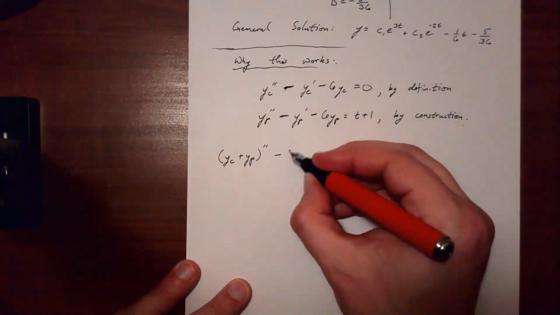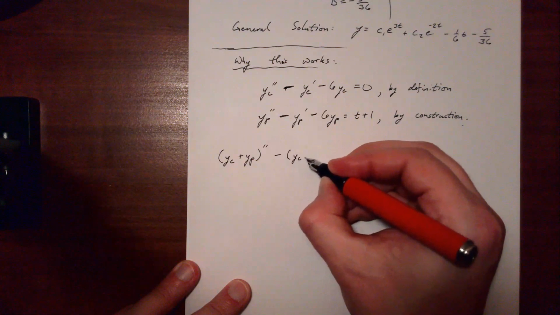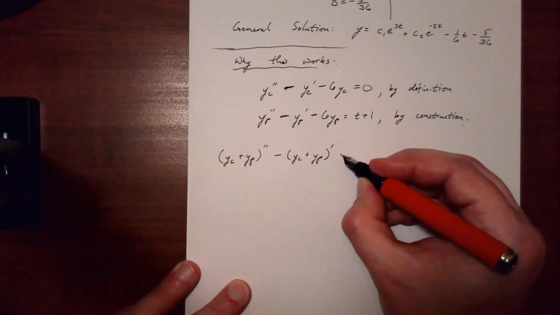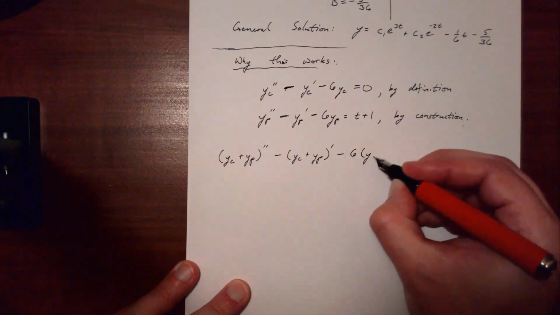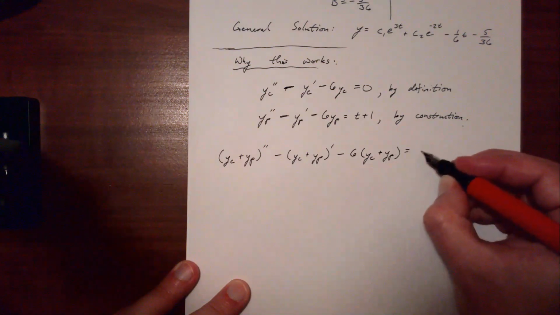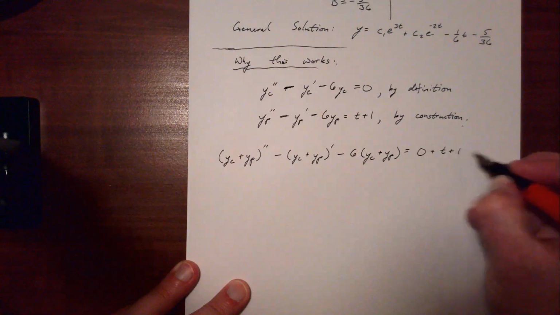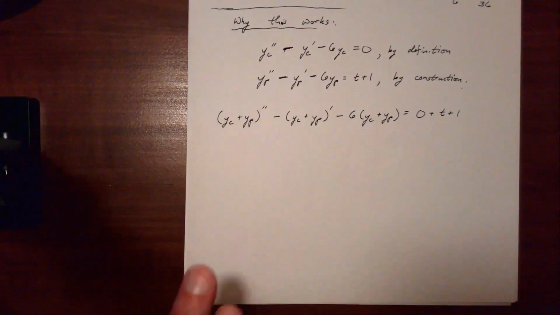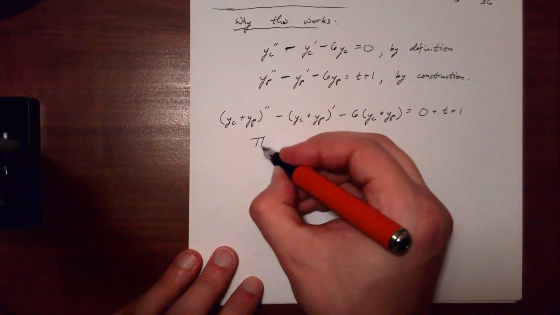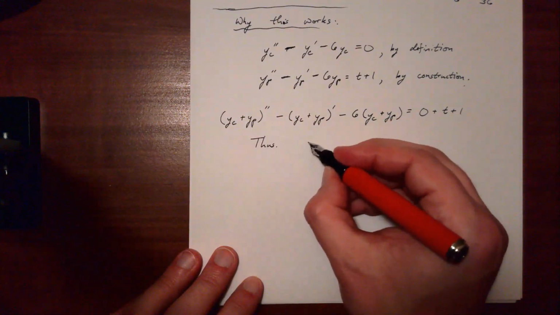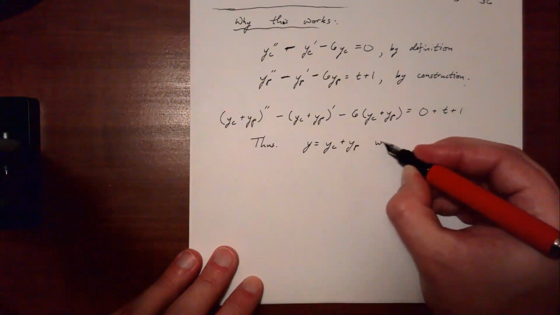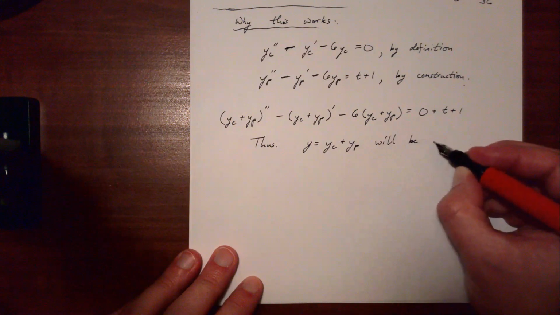So then minus yc plus yp prime, minus 6 times yc plus yp, and that has to just equal 0 plus t plus 1, meaning that anything that is made out of these ingredients will be a solution here. So thus y equals yc plus yp will be a solution.